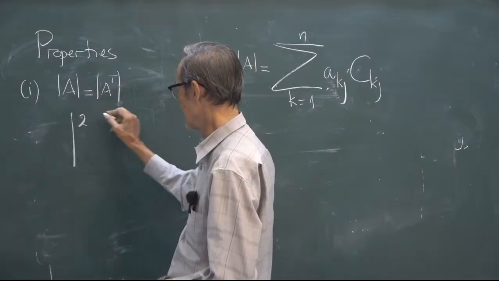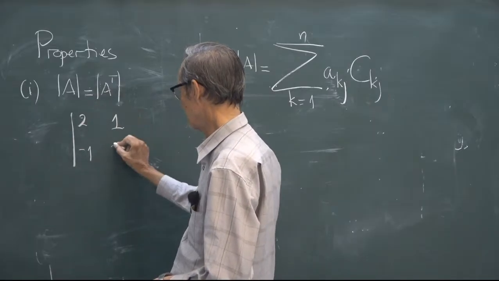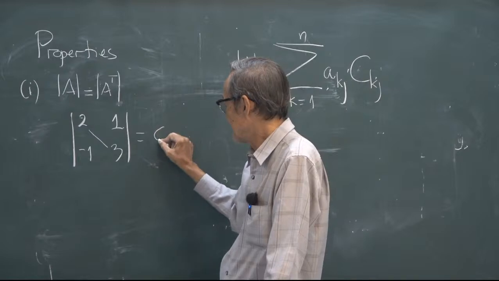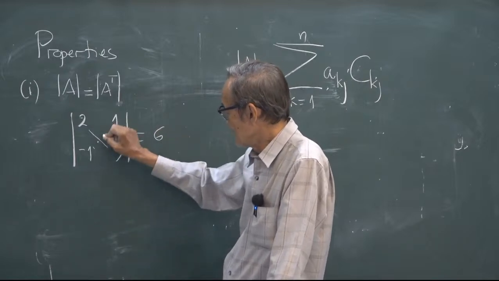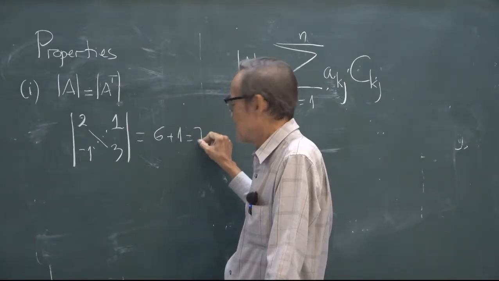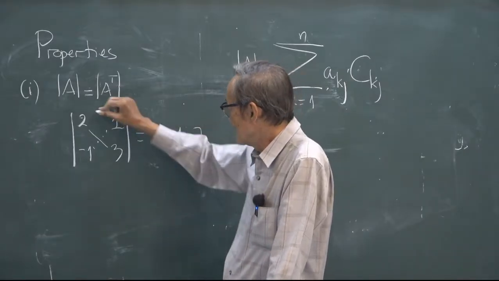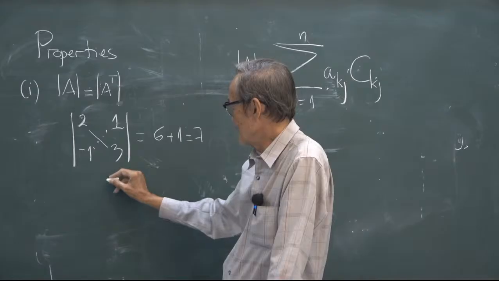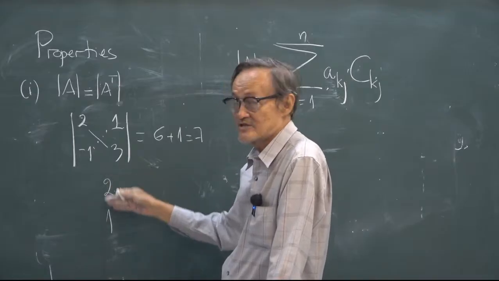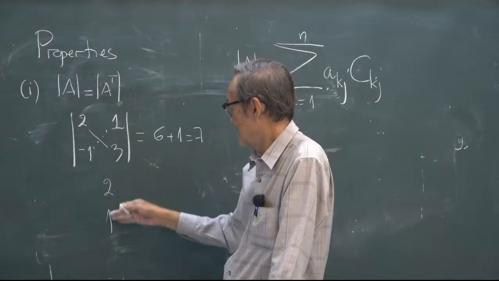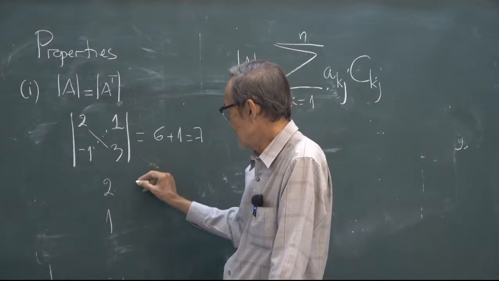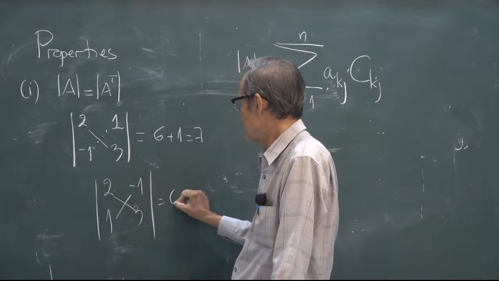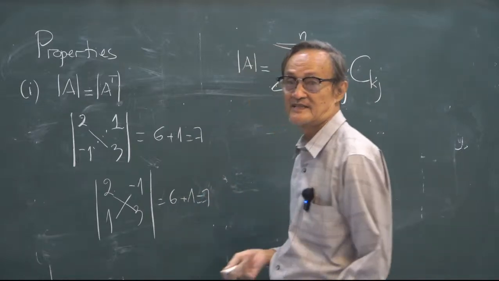For example, 2, 1, minus 1, 3. The main diagonal 6 minus the sub-diagonal, plus 1, 7. Now the transpose of this is: first row becomes first column, second row becomes second column, and we have 6 plus 1, 7.